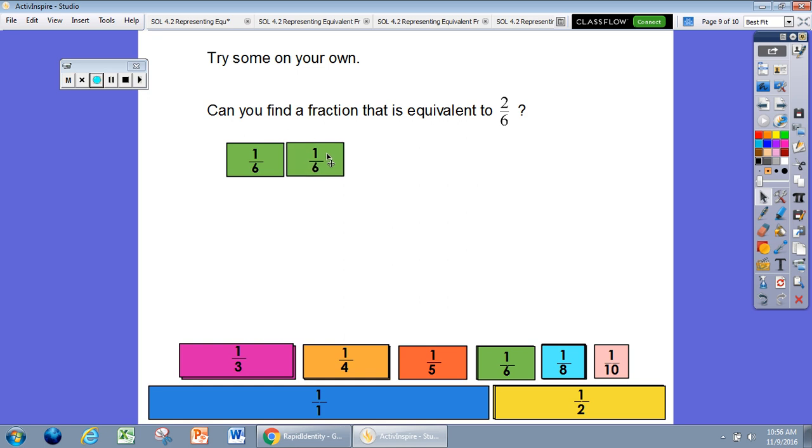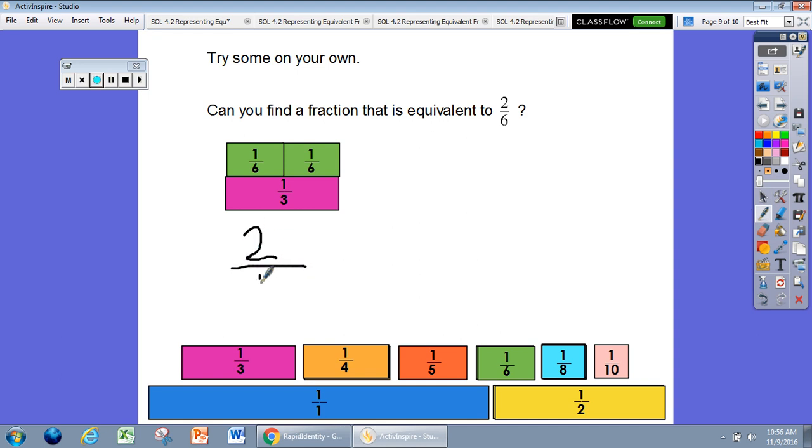Here we have 2/6, and you could have tried all of these to figure out what it would be equivalent to, but you probably ended up figuring out that 2/6 is equivalent to 1/3. So let's write that. 2/6 is equivalent to 1/3.